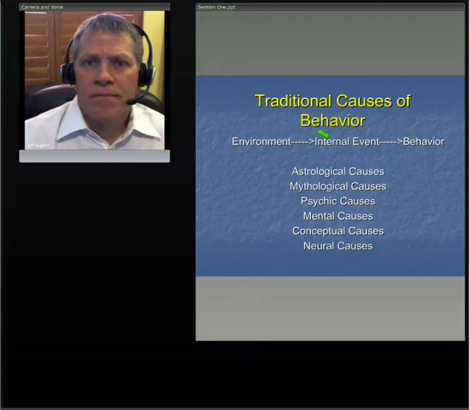And then that internal event eventually leads to something called behavior. Now, this is what is called the 3-term causal sequence of behavior. And although you may have variations in this particular order of things that are happening in this internal event, they all share the same similarity. Something happens outside the body, something happens inside the body, and that in turn leads to behavior.